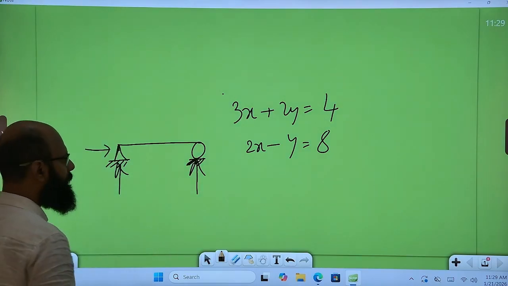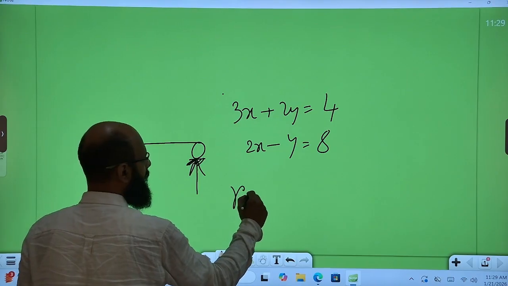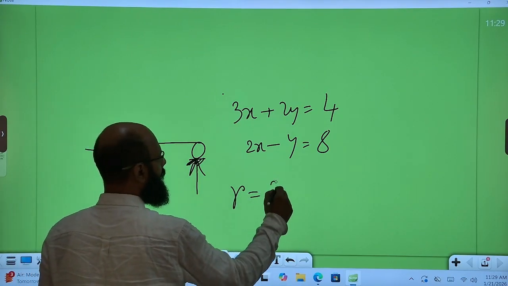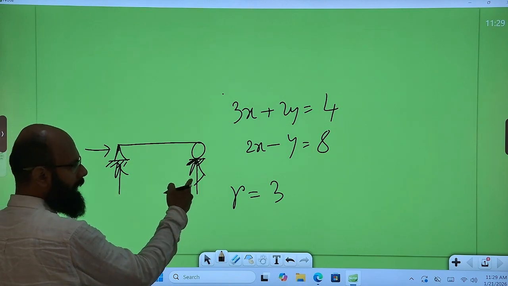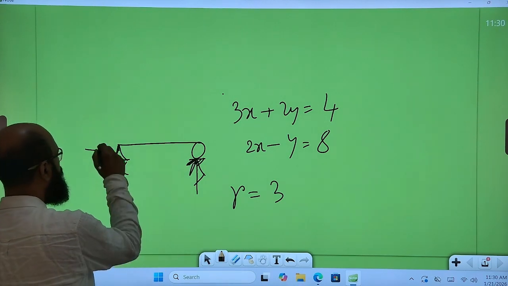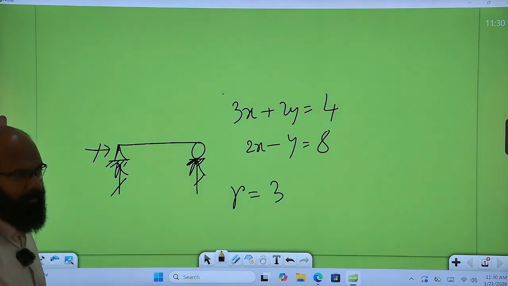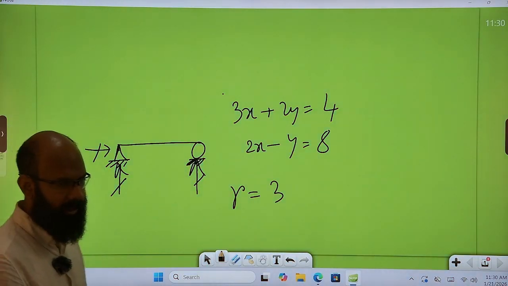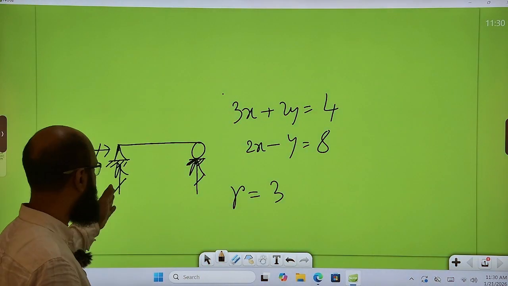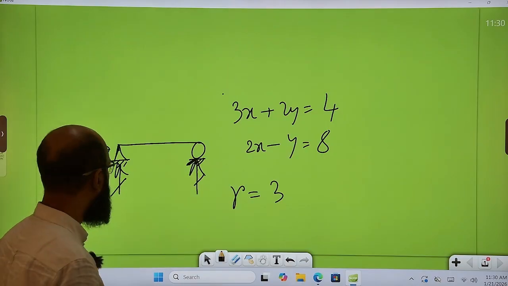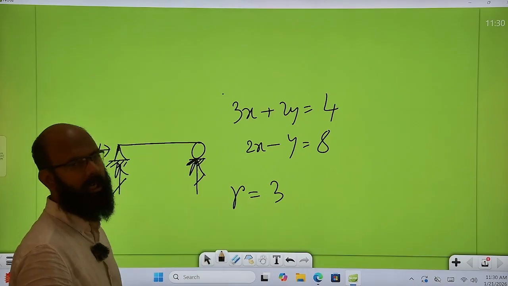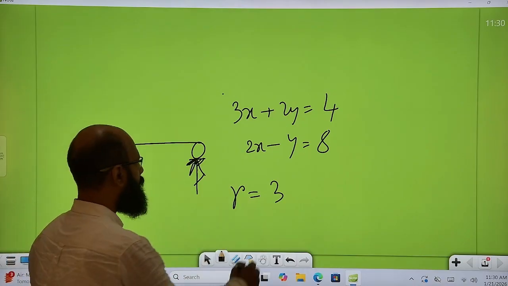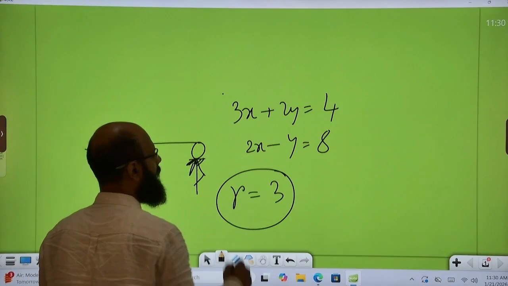So the total number of unknowns is 3: one for the roller in the vertical direction, and two for the pin support, one in the vertical and another in the horizontal direction. So the total number of unknowns here is 3.